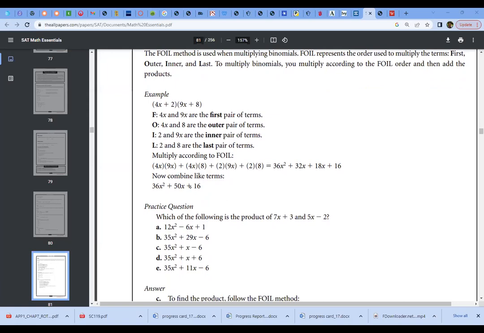Or if you need to use another technique, there are many techniques. A plus B multiplied by C plus D is going to go like this, and like this. It's easy and direct. So I have many answers here.